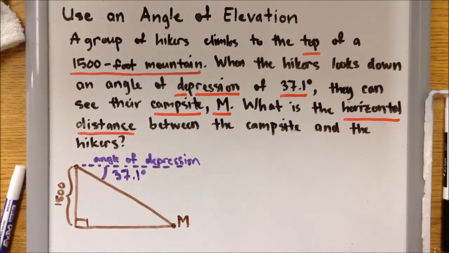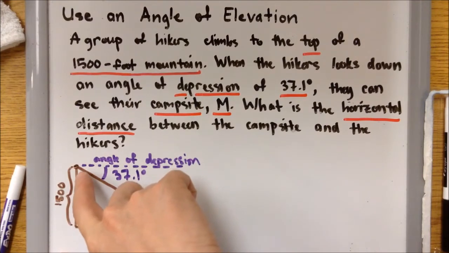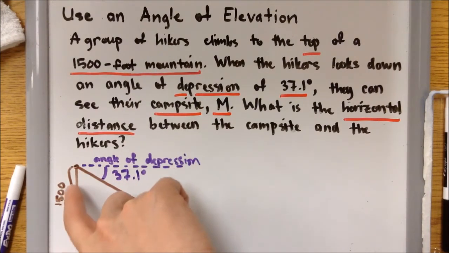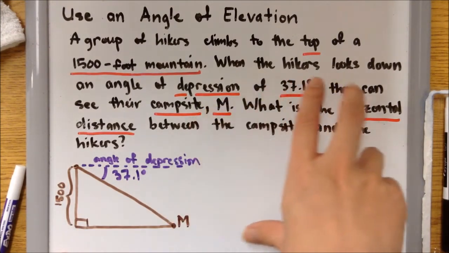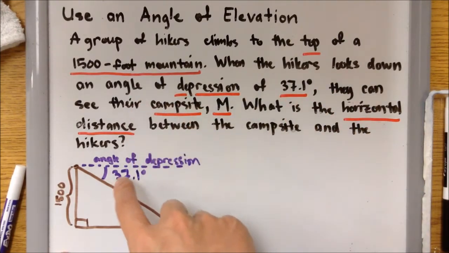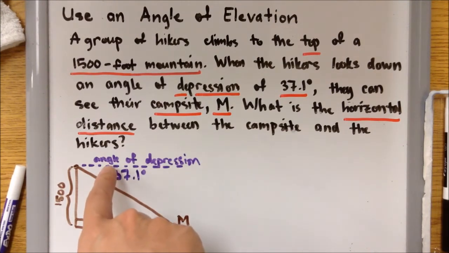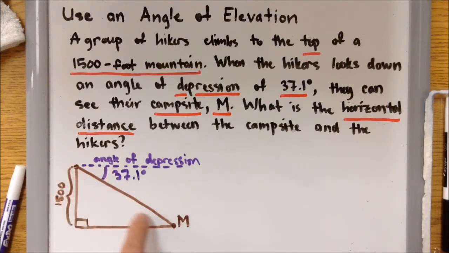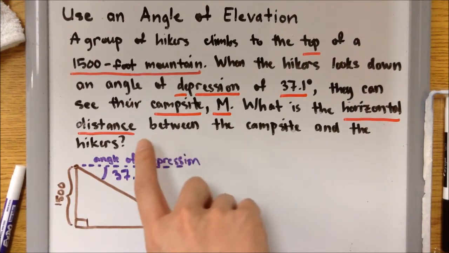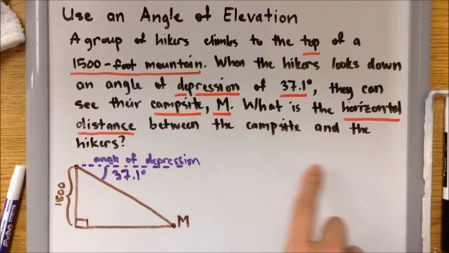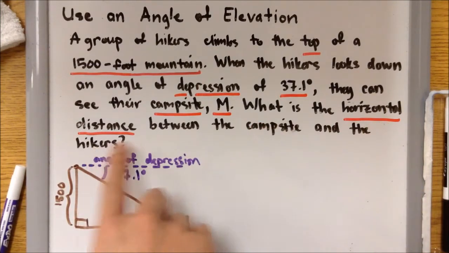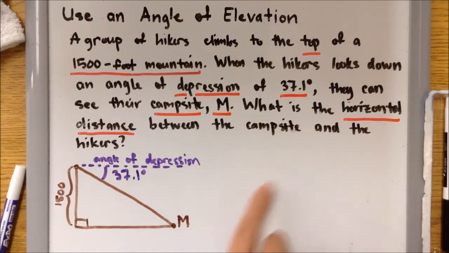So I list out my information. The height of the mountain is 1,500. When the hikers look down at an angle of depression, so basically the horizontal line parallel to the horizontal ground, the angle of depression from that horizontal line to the slanted line is 37.1 degrees, looking at their campsite M. Now the question is, what is the horizontal distance between the campsite and the hikers?